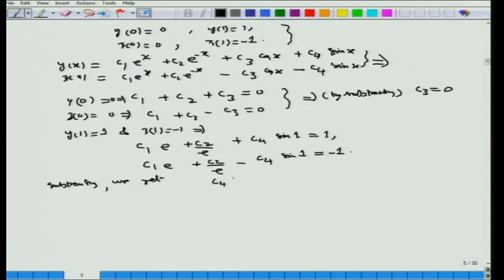So, we get c4 = 1/sin 1. Now, adding, we get c1 e + c2/e = 0.